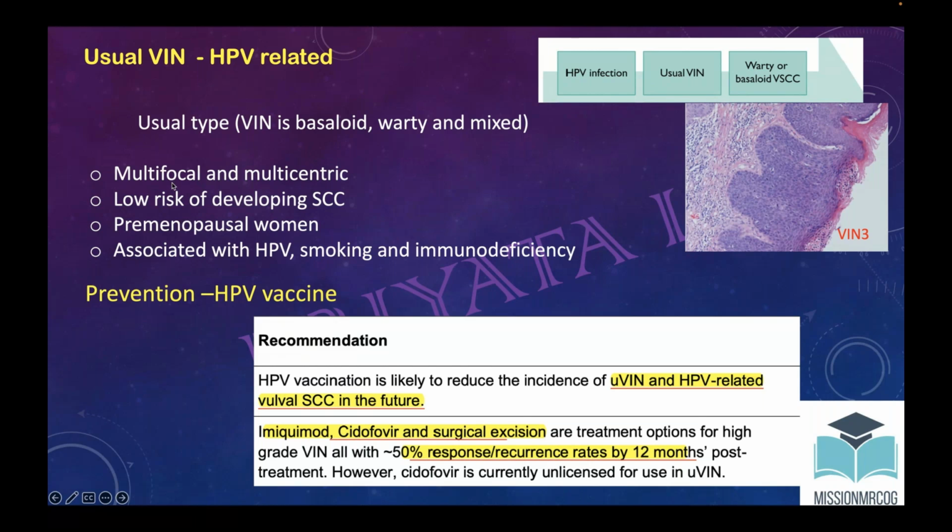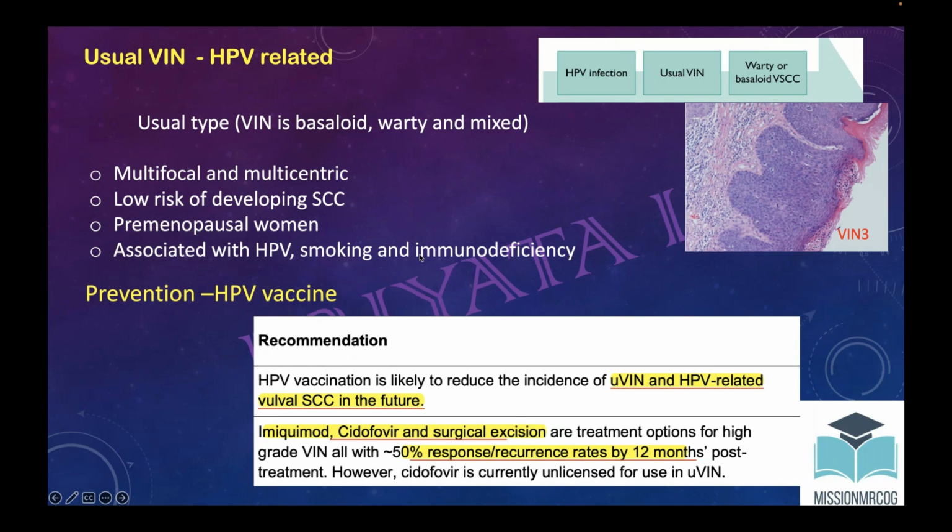It could be multicentric, with associated pathology maybe in the anus, or maybe in the cervix. Apart from this, HPV infection occurs in younger people, so it usually happens in premenopausal women. Okay, again, it is related to HPV, smoking, and immunodeficient conditions.